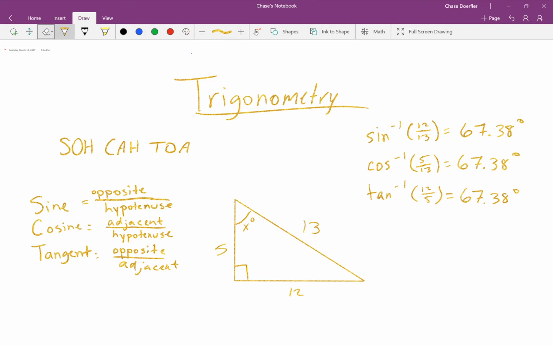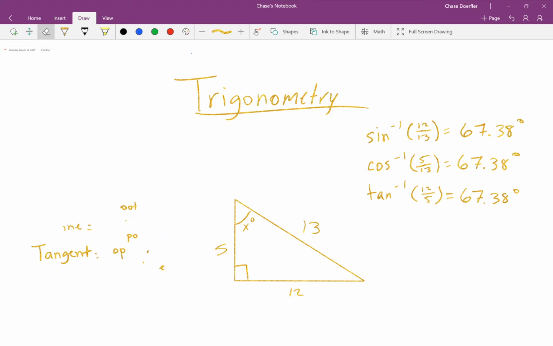Now, I also want to go over some special right triangles and their relationships given their side lengths. I'm just going to erase this stuff with the reverse functions.